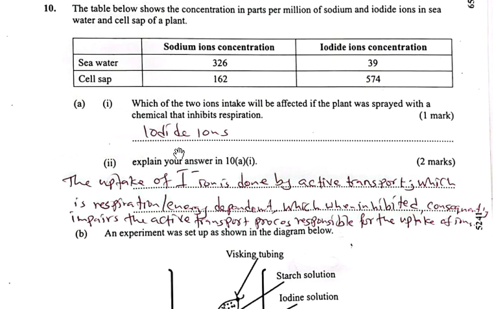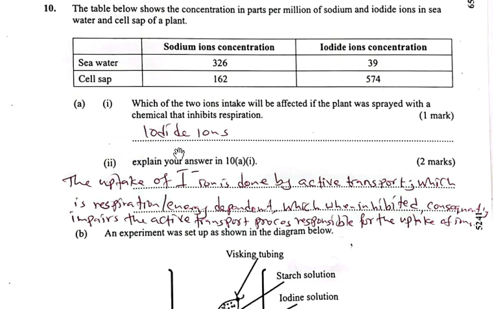On the other hand, iodide ions in seawater is 39, cell sap 574. And these iodide ions must move from the seawater to the cell sap by the root hairs, and it means the iodide ions are moving where they are lowly concentrated to a region where they are highly concentrated, and this process is referred to as active transport and requires energy, and this energy is gotten from respiration.